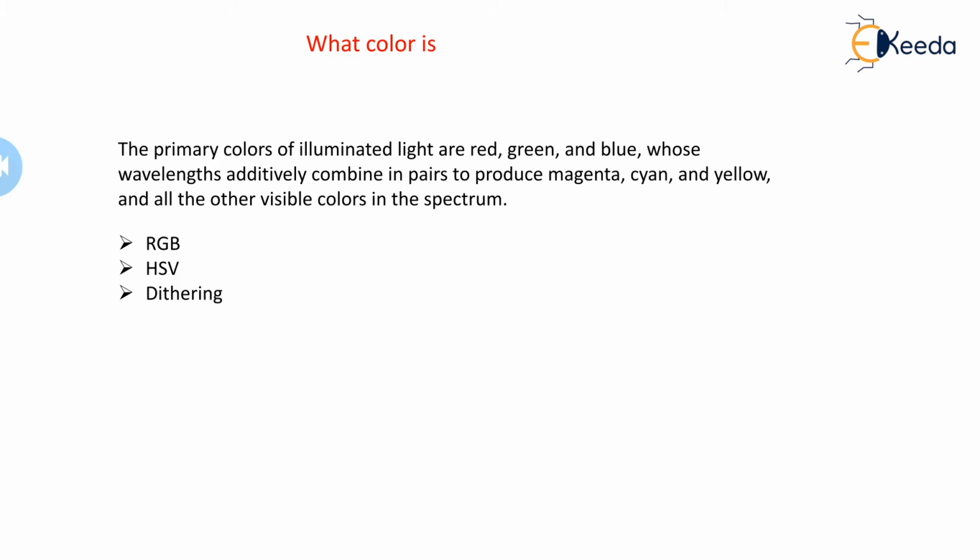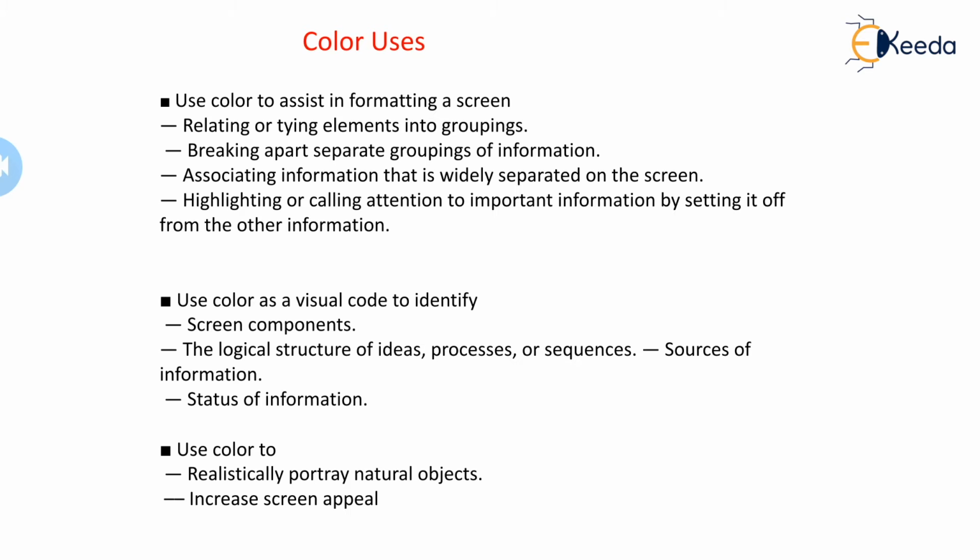Then color as a visual code, that is, to identify what category the information being displayed falls into. It has meaning to the screen user. A properly selected color coding scheme permits a person to identify a relevant information category quickly without having to read its content first.